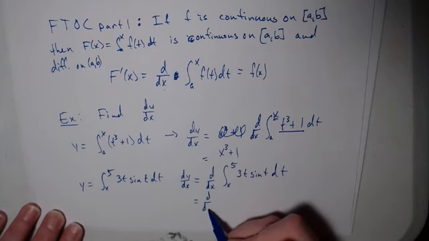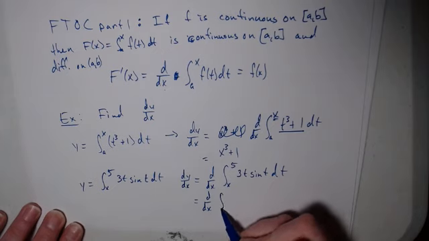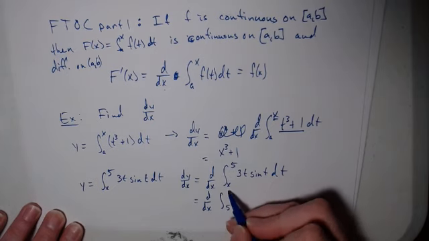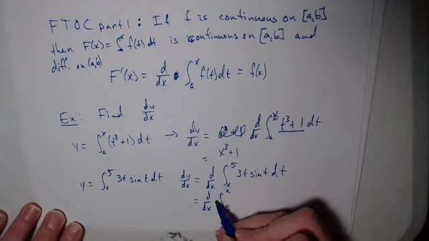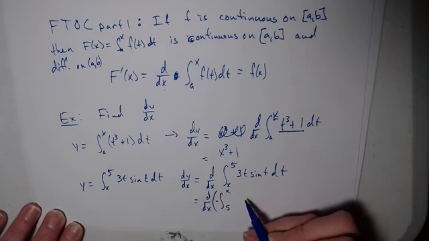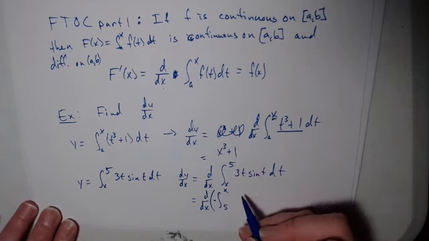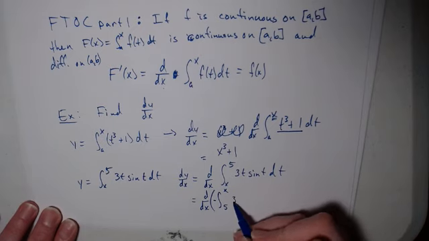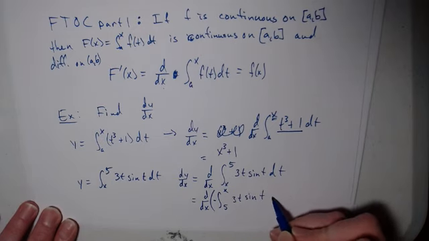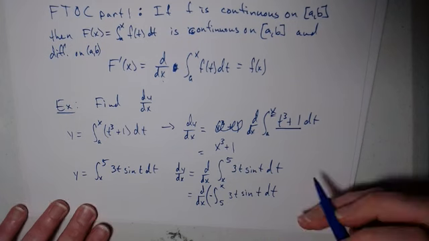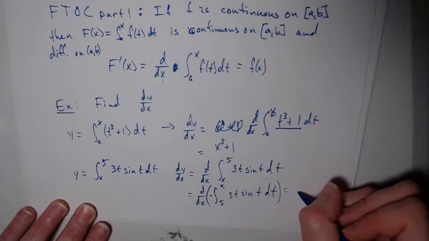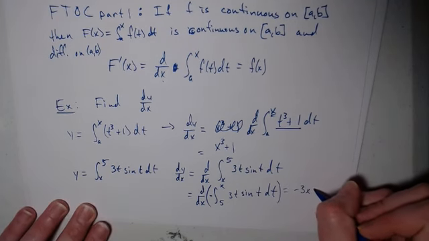This is the derivative with respect to x of the integral from 5 up to x if I just put a negative on the outside, right? That was in the last section, our properties of integrals. So negative 3t sin t dt, which means that this is negative 3x sin x.